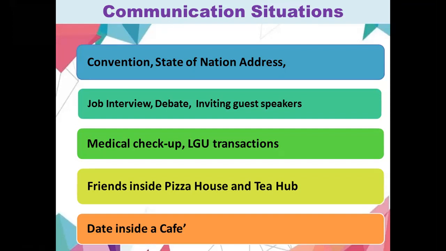So during your job interviews, you must be formal, meaning you are going to use formal language. If the interviewer asks you to be just like in a casual conversation, then be it.